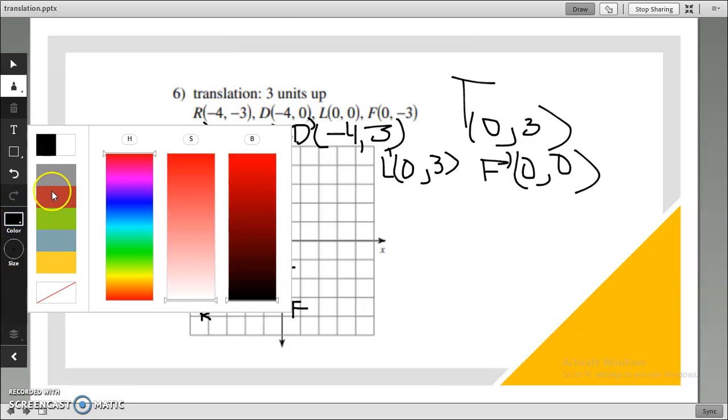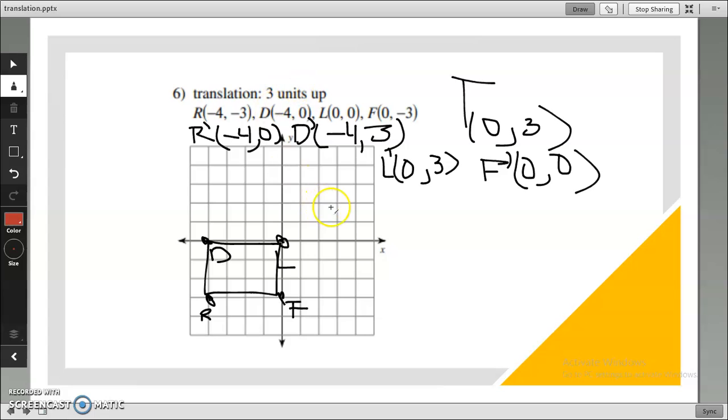Let's change the color. And let's do my prime. So that's -4, 0. So that's 1, 2, 3, 4. That's R prime. And that's moving up 3, 1, 2, 3. Works out. D prime is -4, positive 3, excuse me. 1, 2, 3.